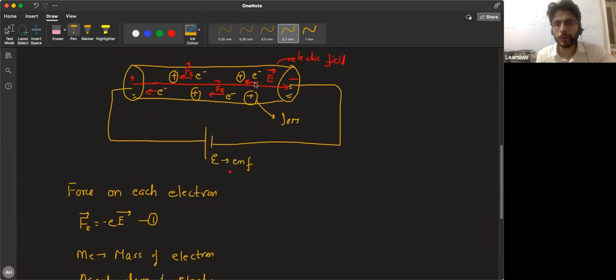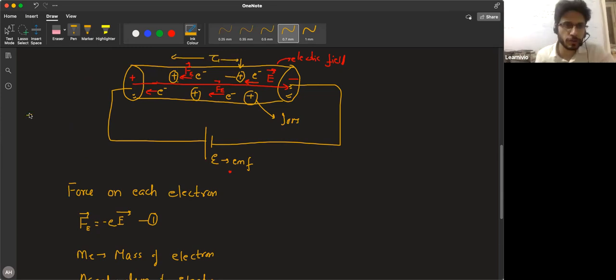Now, when this electric field applies force on this electron, the electron will move and collide with the ions. Then again, the electron will move and collide with the ions. So the time interval for which the electron gains velocity is the time taken by the electron between two collisions.